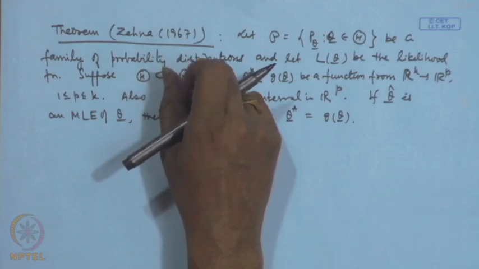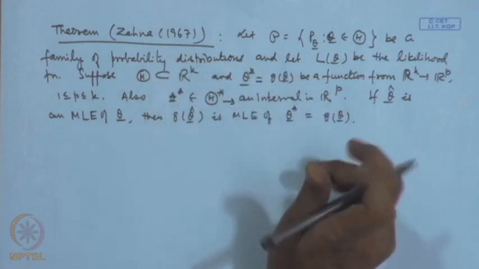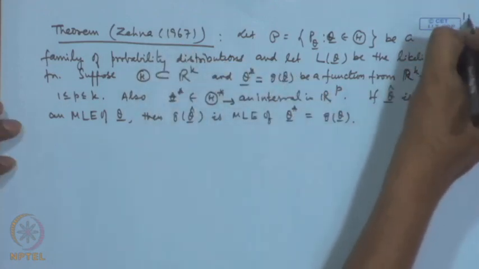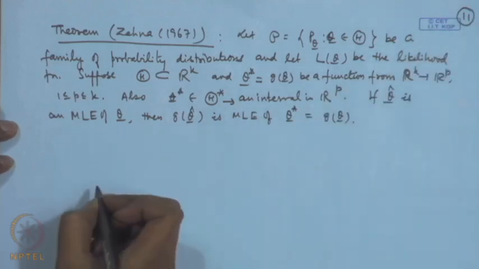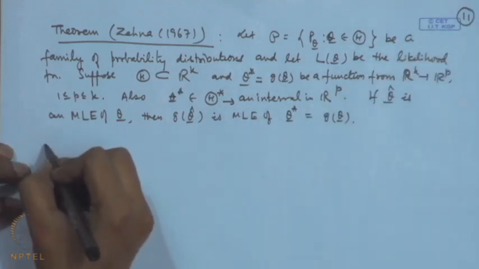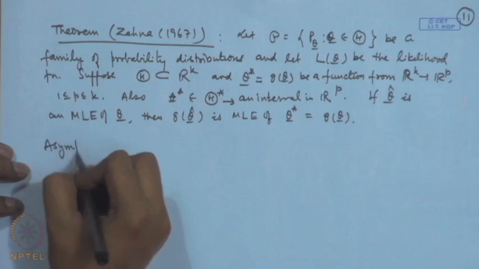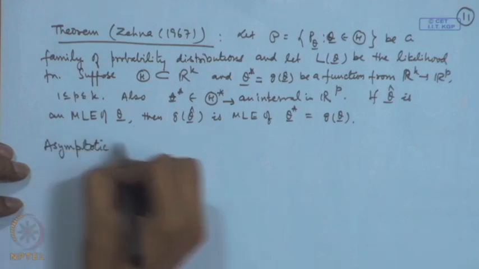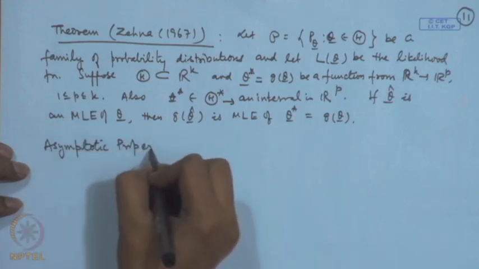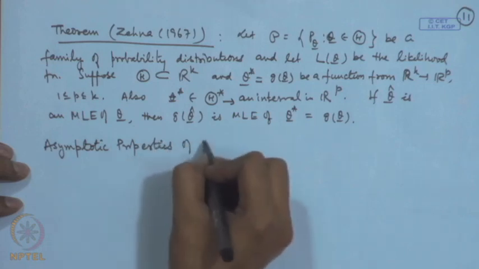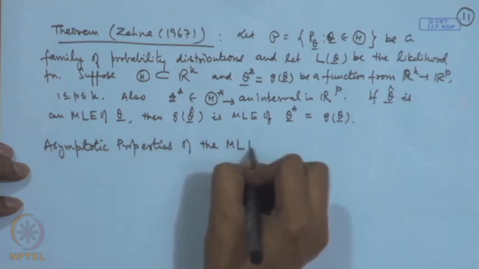I will now give some more asymptotic properties of the maximum likelihood estimators. So, let me call it large sample properties or asymptotic properties of the maximum likelihood estimator.